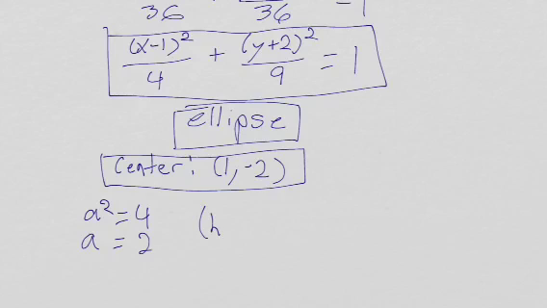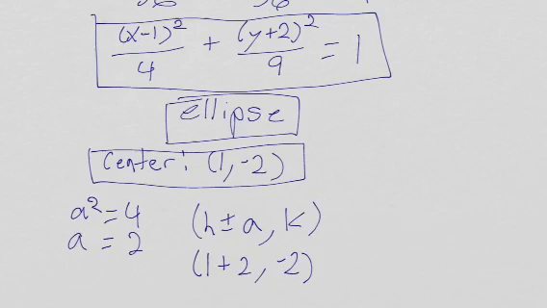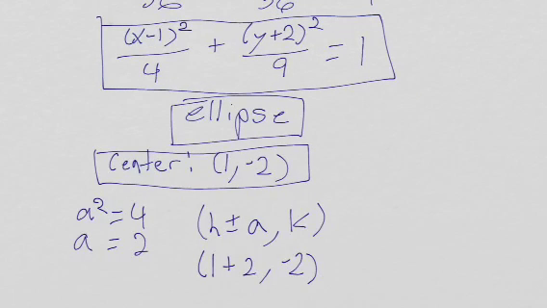So because the formula is h plus or minus a comma k, we're going to get 1 plus 2 comma our k value up here where it says y plus 2, that'll be a negative 2. And that equals 3, negative 2.